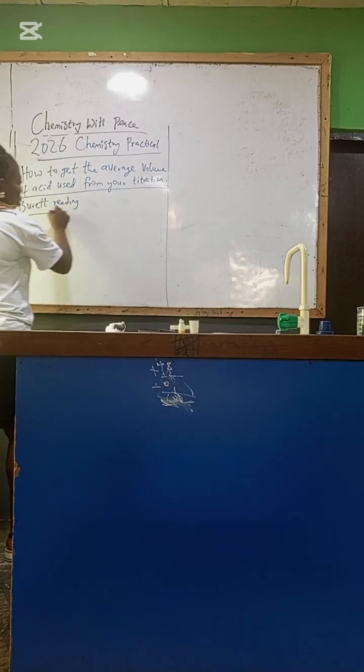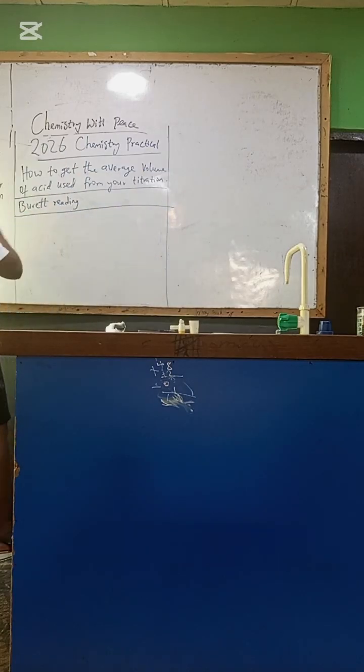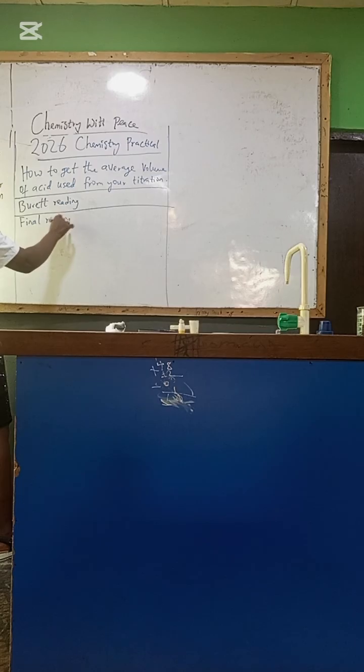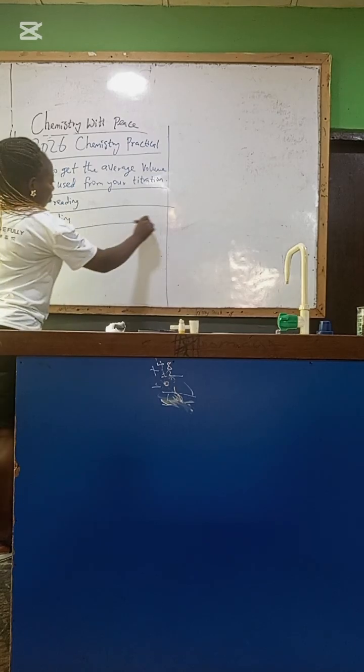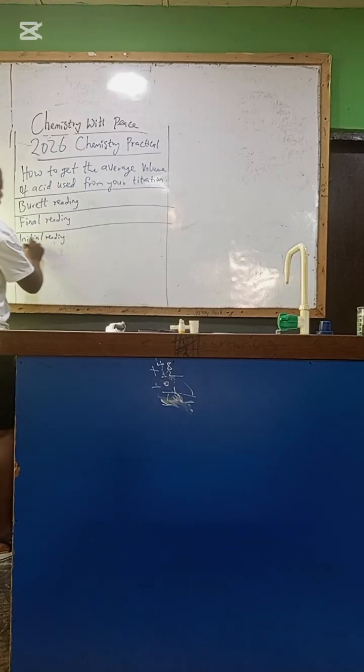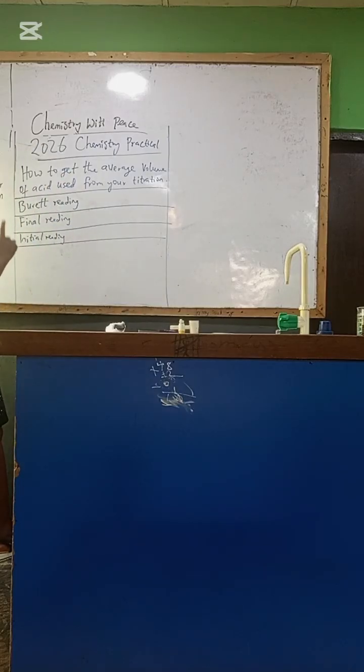First of all, you have the burette reading, final reading, initial, then you now have the volume of acid or difference.